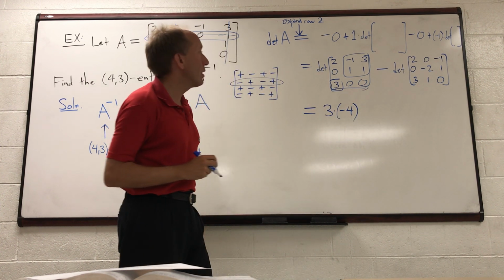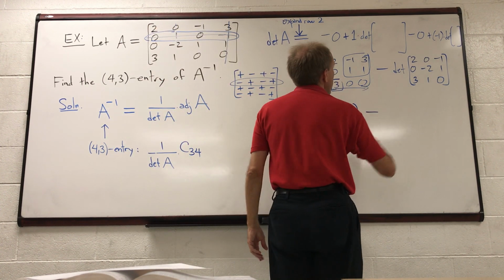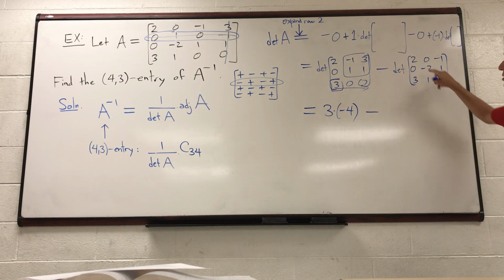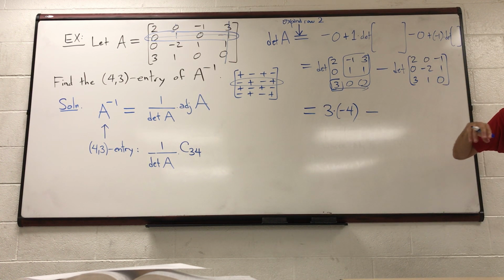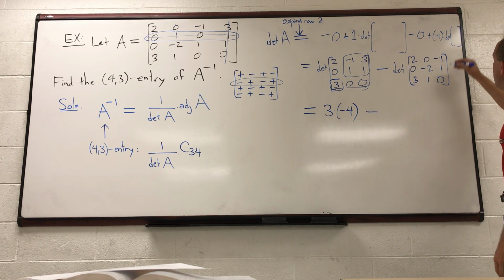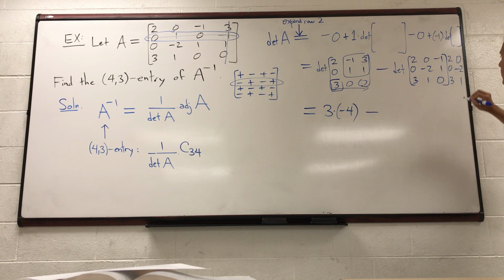So 3 times -4, and then minus, and then I come over here and I have to do this determinant. This one isn't quite so nice because although I have some zeros, they're not in the same row with each other. So maybe I just get lazy and use the arrow method, recopy the first 2 columns and do my diagonals.